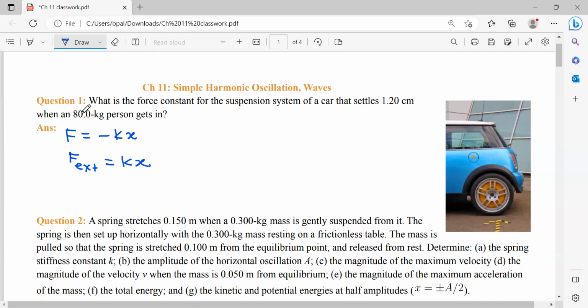Here, this person is exerting gravitational force on the suspension system, so we use this equation to determine the force constant K. If I solve it, I get something like this.